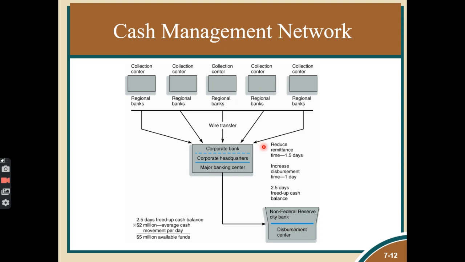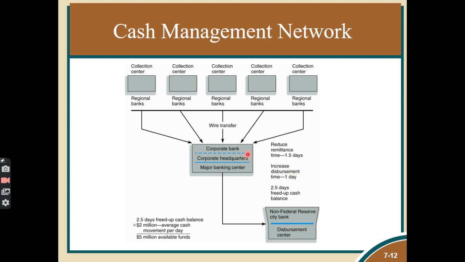Based on this example, if we reduce the remittance time by 1.5 days, it means that we are able to collect faster by 1.5 days. And if we increase our disbursement time by 1 day, meaning instead of us paying within 20 days, we are able to extend it to 21 days, at least there is a 1 day float.